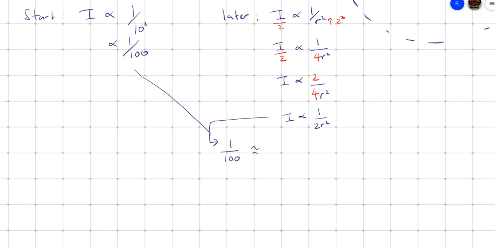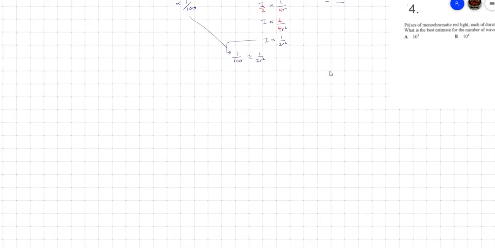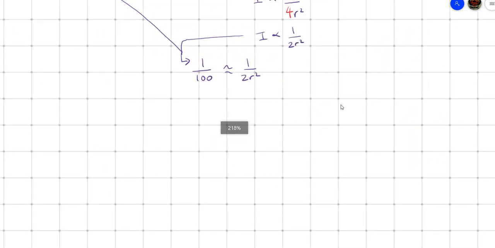Approximately proportional, 1 over r squared. Let me just check, I don't want to confuse the question. Okay, 1 over r squared. So therefore now you can see that I can easily write 100 as equivalent to this one here. So therefore, 100 divided by 2 is equal to r squared.